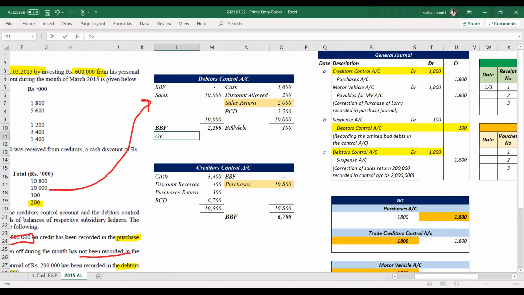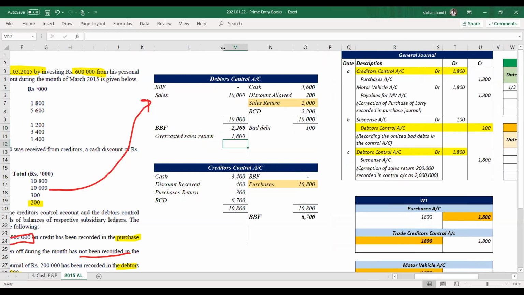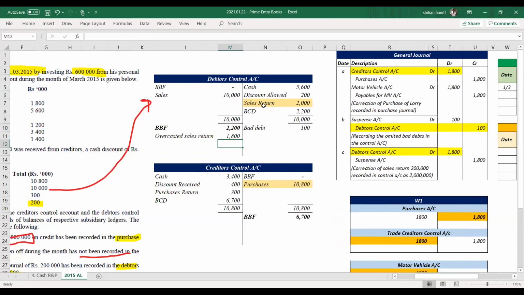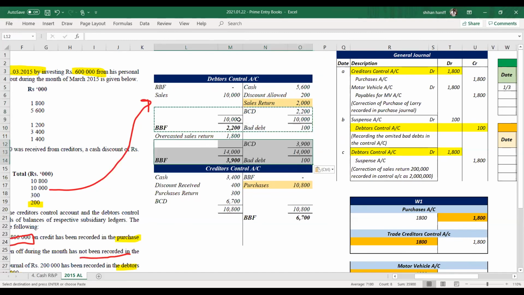And overcasted sales return, 1,800. Now this sales return has been overcasted, so we have to correct it, and omitted bad debt we have to record. Then if we record that, we can get the closing balance.